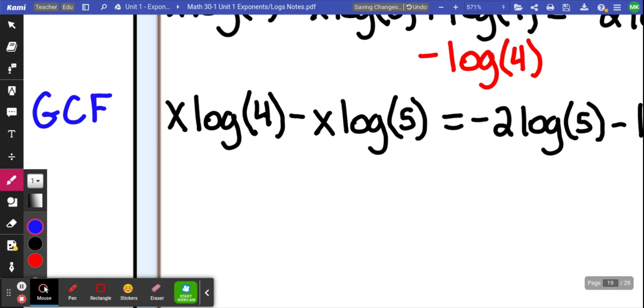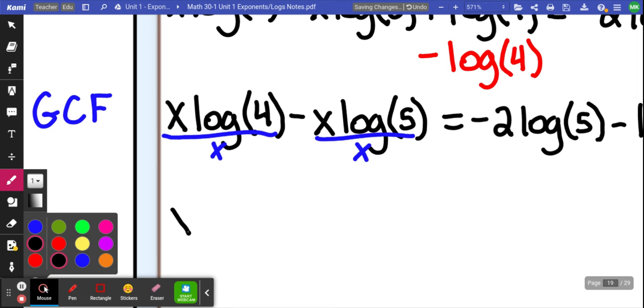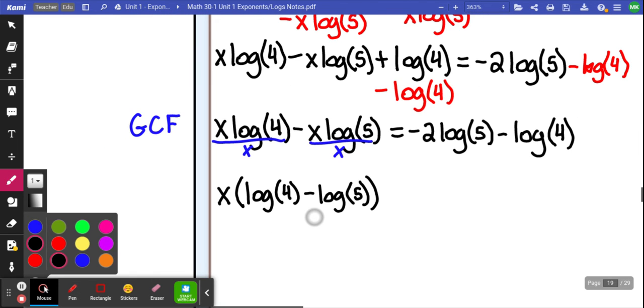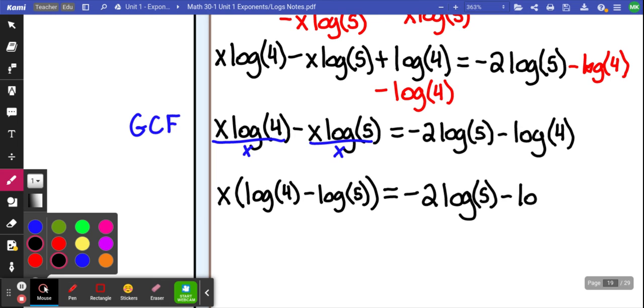So if I look at that left-hand side, they both could divide by x, meaning that the x goes out front, and I'm left with log 4 minus log 5 equals that entire mess over there, negative 2 log 5 minus log 4.